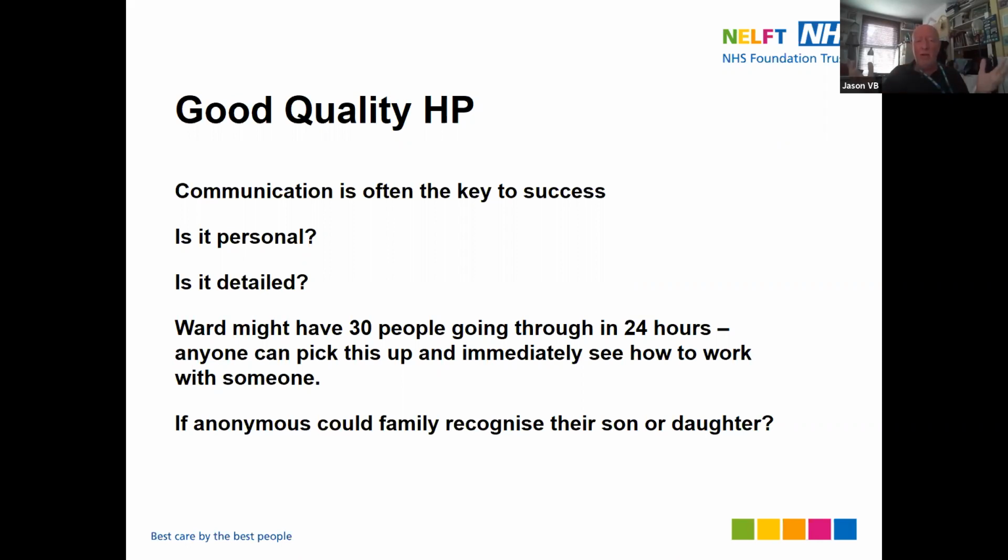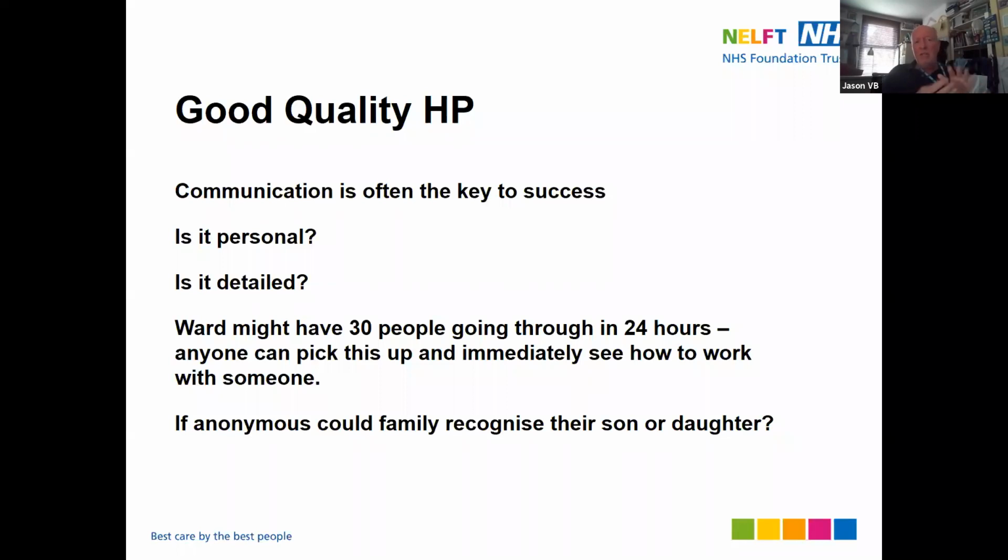You think about an average ward. If God forbid your loved one ended up in hospital, or the person you're caring for ended up as an inpatient in hospital, you think about how busy an average ward is. You've got all sorts of different therapists going through there, nurses, care staff, consultants, doctors. You could have 30 people in 3 shifts going through that ward in 24 hours.